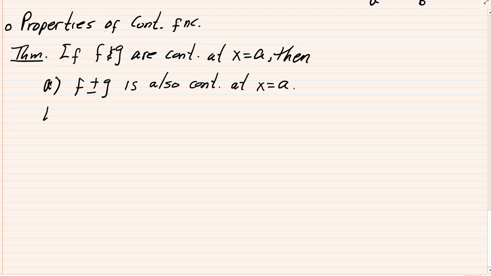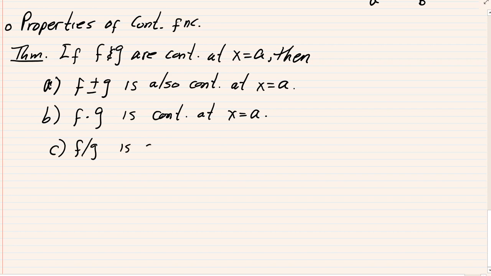In part B, the product function f times g is continuous at x equals a. And in part C, f divided by g is continuous at x equals a.